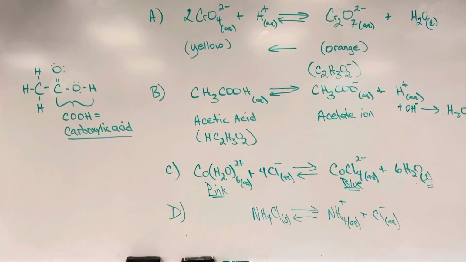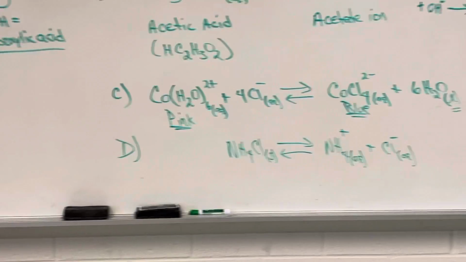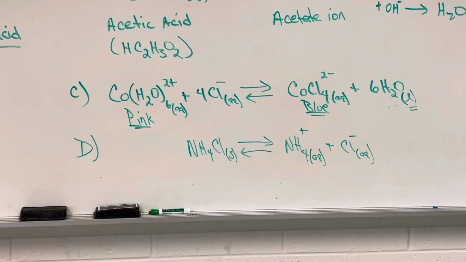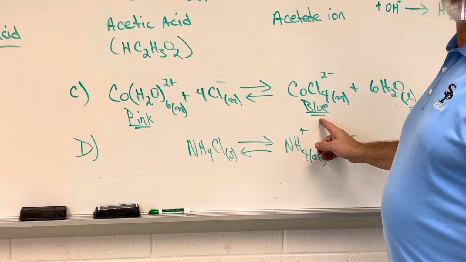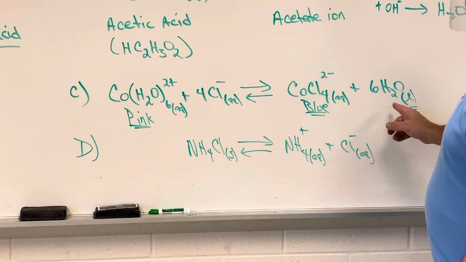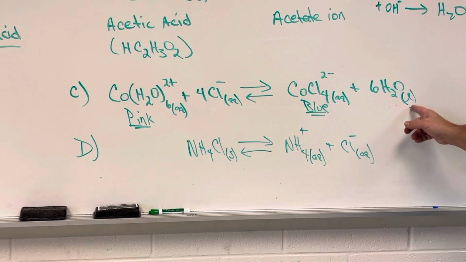So if I look at this equilibrium, right here, when I add the HCl, obviously that's going to shift the reaction to the right and make it go blue. But water's a liquid, so it's not in the equilibrium expression.